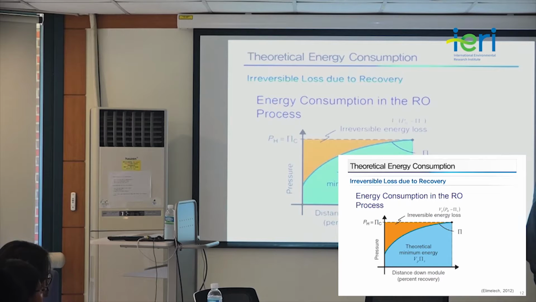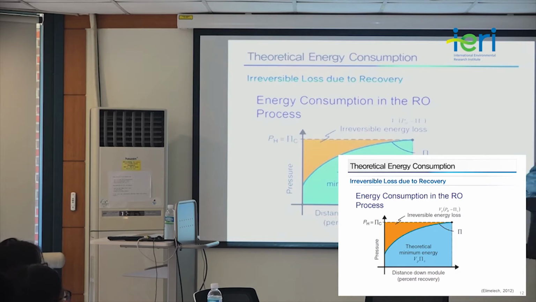So for example, if we have the osmotic pressure of 30 bar, in such cases we apply 60 bar of the pressure from the feed, and in the end the final solution may have 55 bar of the osmotic pressure.